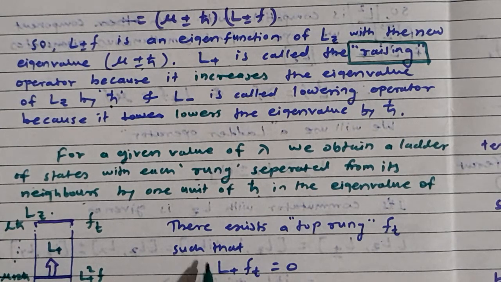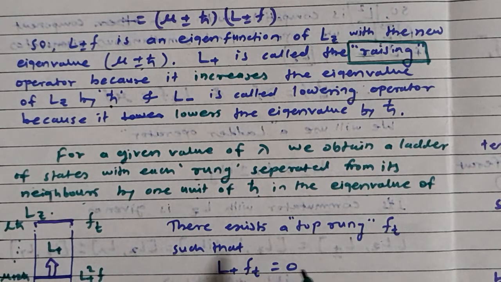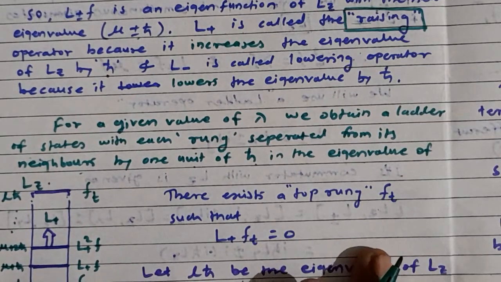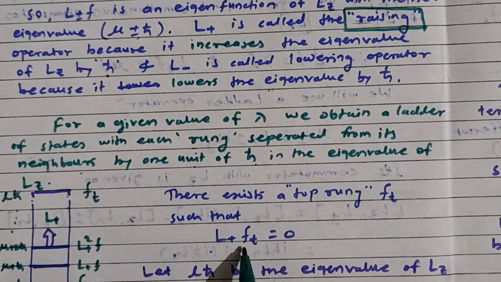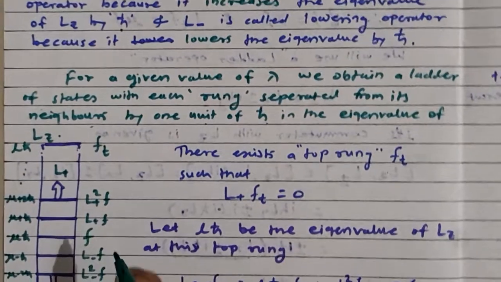Okay, so when we operate the L plus operator on that arbitrary state, we will reach the top rung, above which there will not be a single rung existing.